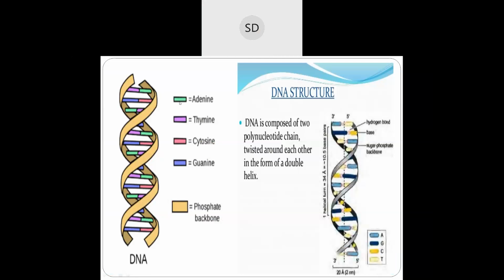This one is adenine, this one is thymine, this one is cytosine, guanine is this, and phosphate is their backbone, you can see. In the DNA, phosphate is there. This phosphate is their backbone.